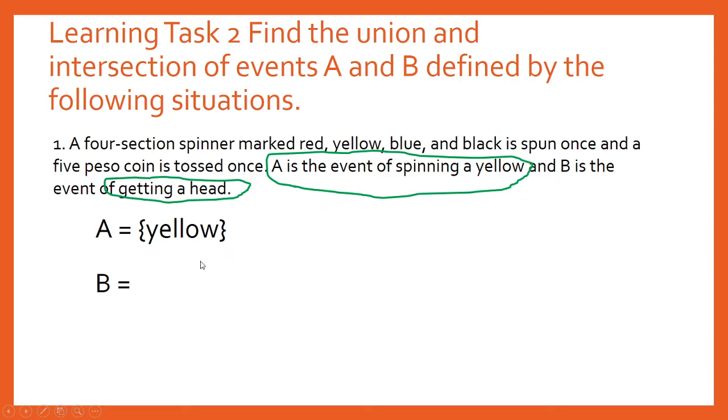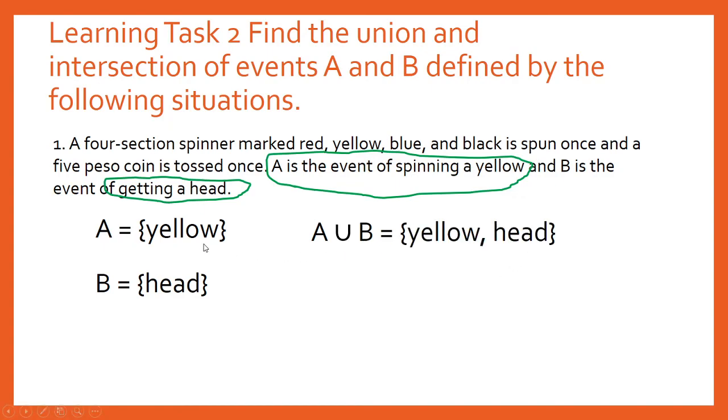Oh, so, yun lang ang element ng B. So, from this, we will get the A union B. So, it will just be equal to yellow, comma, head. And, for the intersection, may common ba sa A at sa B? Siyempre, wala. Diba? So, it's empty.